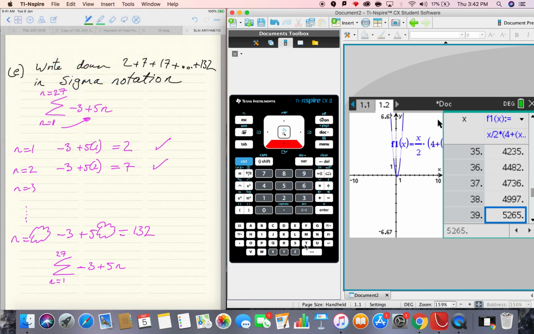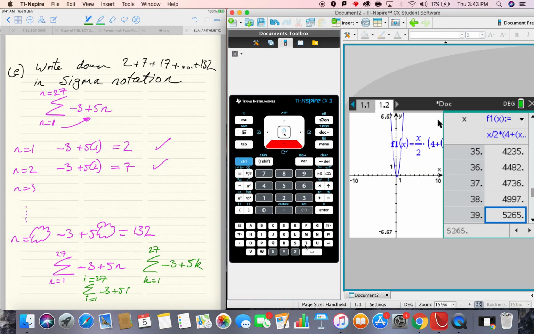Sometimes I've seen sigma minus 3 plus 5k, k equals 1 to 27, and basically any letter. So let's do another one. i here, minus 3 plus 5i, i equals 1 to i equals 27.